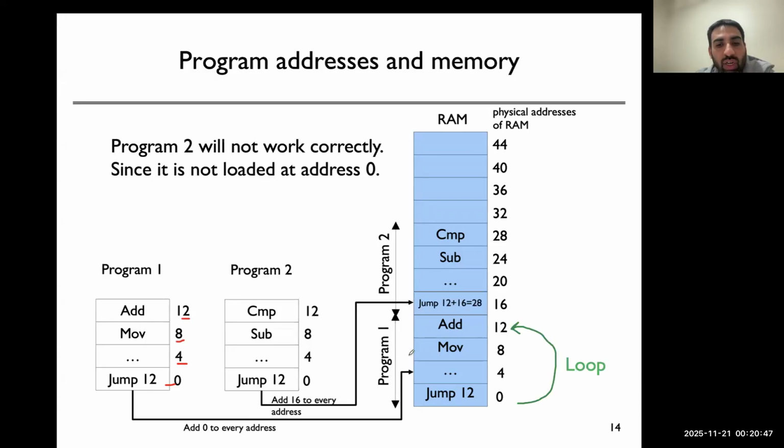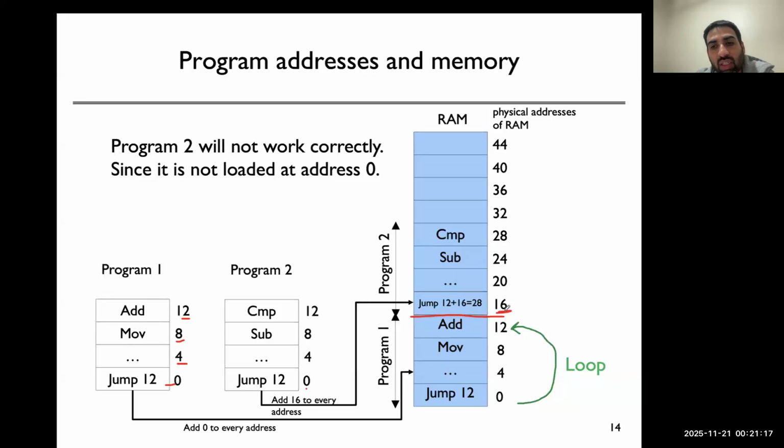So it will still work correctly. And for the second program, we can say we have a mechanism which adds 16 to every address. Why 16? Because let's say the loader knows that it has loaded program 1 and the first 16 locations are already occupied. If it uses that information and decides to add 16 to every address, then 0 plus 16 becomes 16.